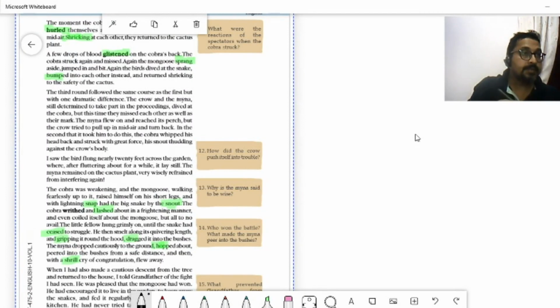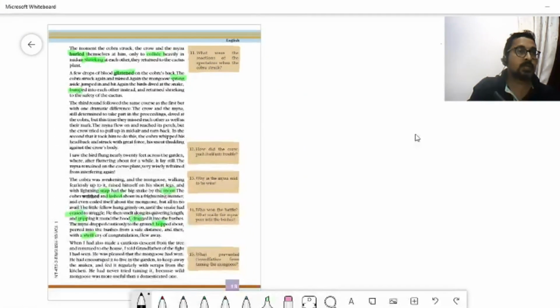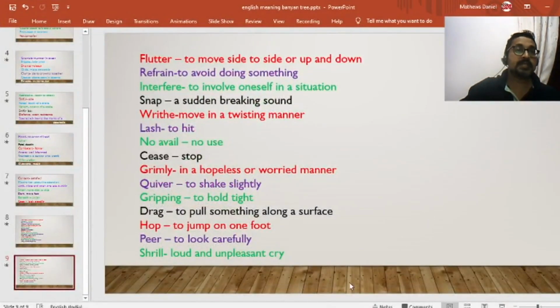What happened then? Walking fearlessly up to him, raising himself on his short legs, and with lightning snap. I have given you the meaning. Look here, a sudden breaking sound.